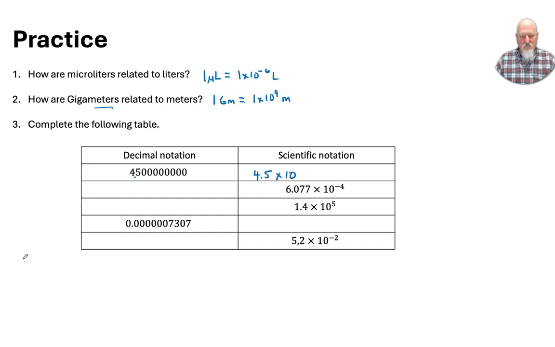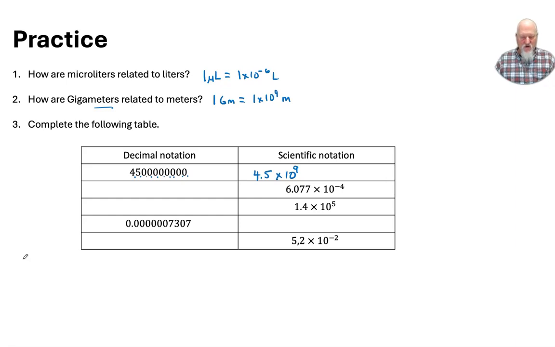So that means our power is going to be positive. We have to move it 1, 2, 3, 4, 5, 6, 7, 8, 9 times to get our decimal over here. So 4.5 times 10 to the 9th. Those two numbers are the same, right? If I take 4.5 and multiply by 10 9 times, I get that back.